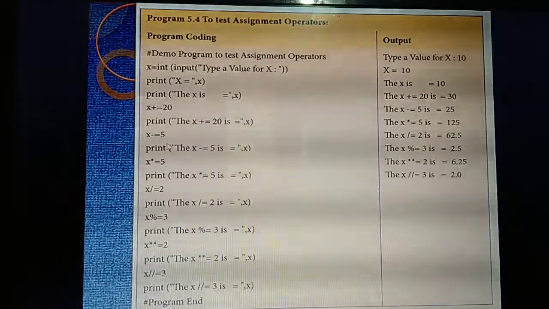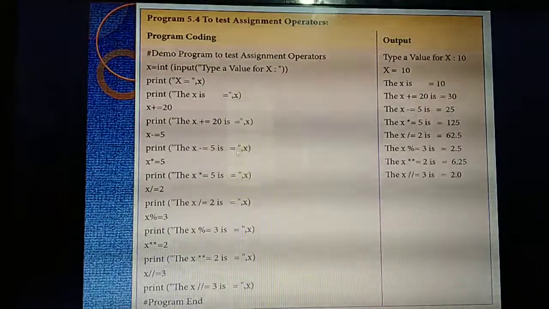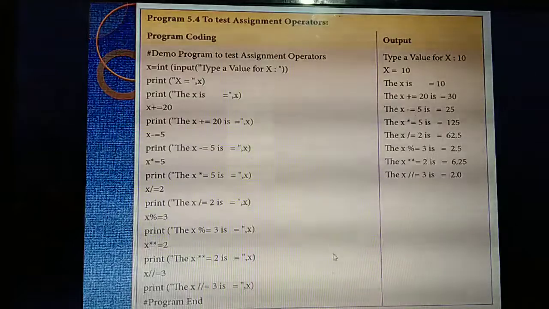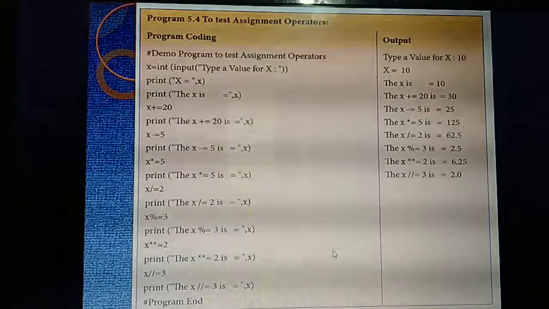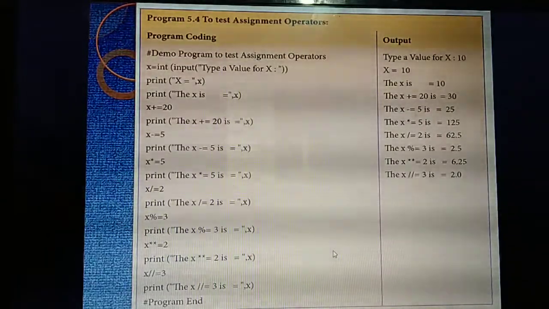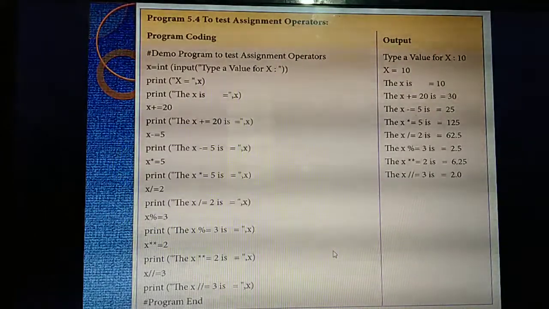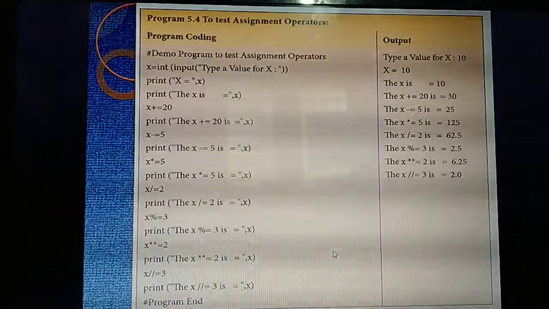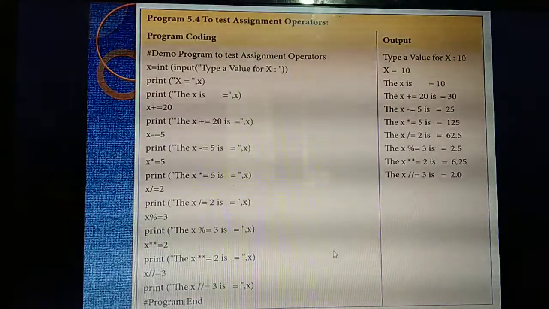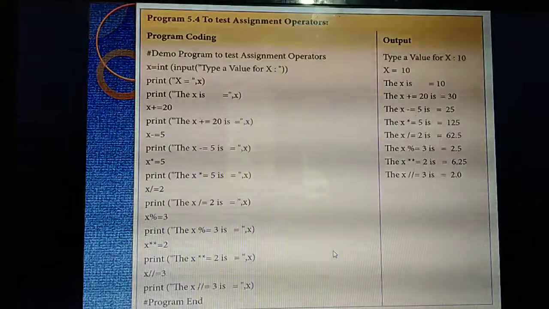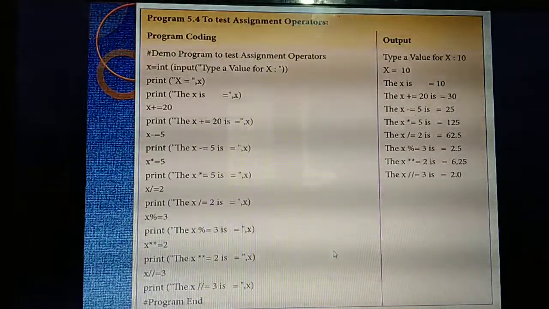Then x minus equal to 5, print the x minus 5, that calculation answer you will get here. Then x star equal to 5, likewise. Read it once and you will understand. Study the tabular column; if you understand it, you need not memorize this program, you can write it on your own.